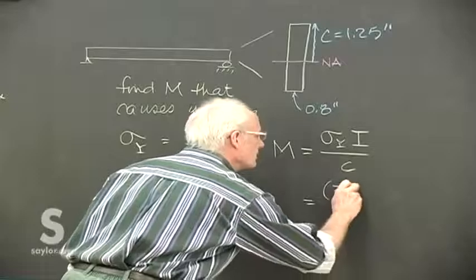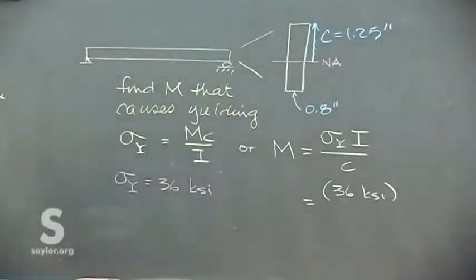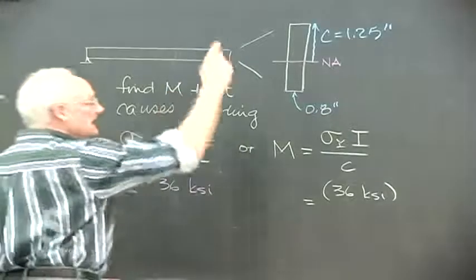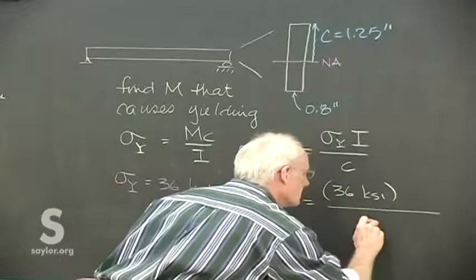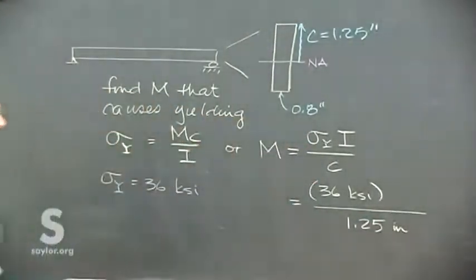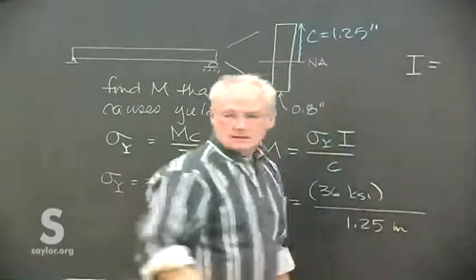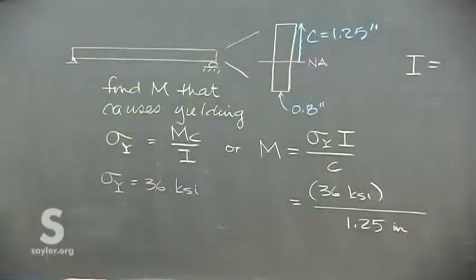Gotta watch the units, of course. Yield stress I gave you is 36 KSI. C I gave you, that's 1.25 inches. We just need I for a nice rectangle, which is, who will integrate that for me?